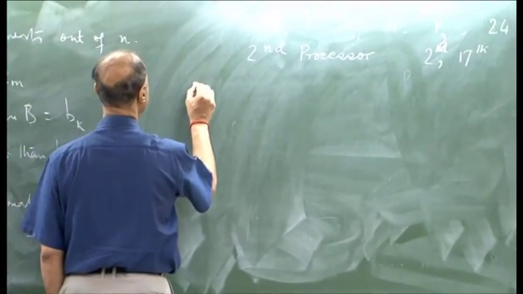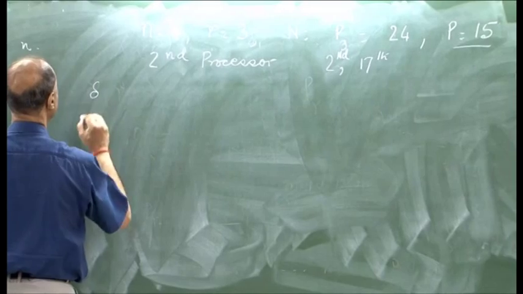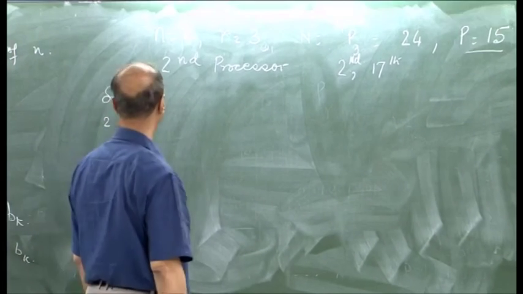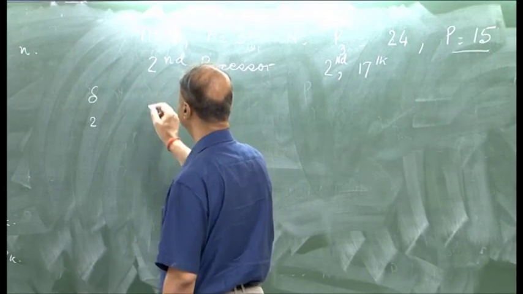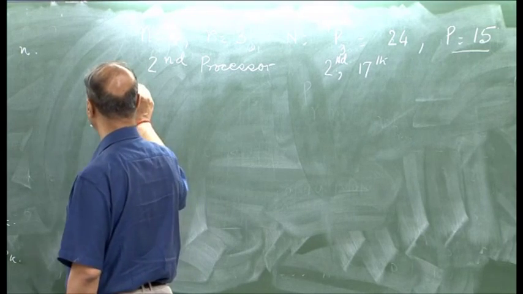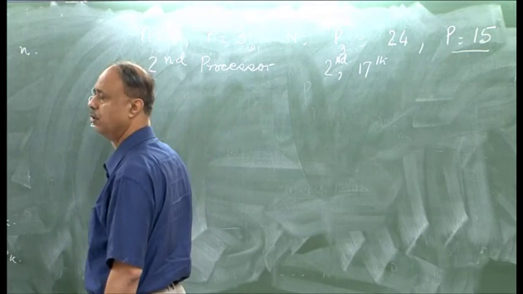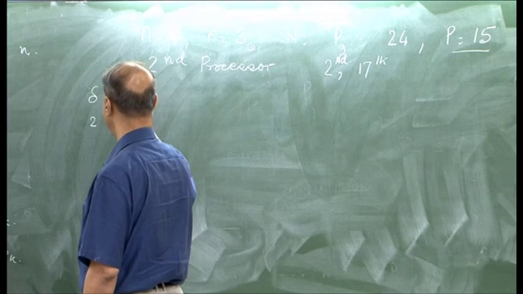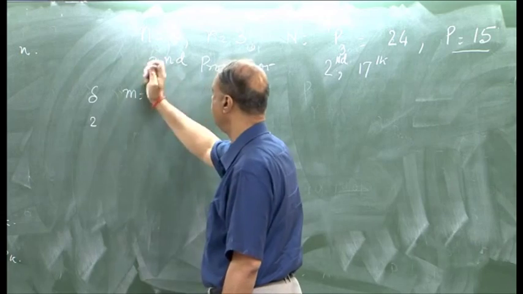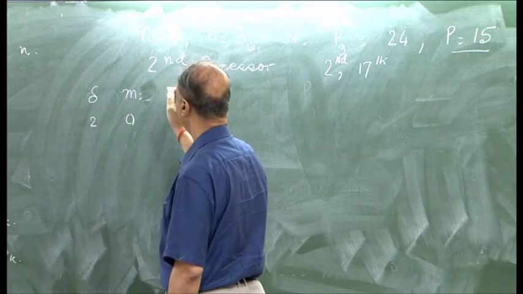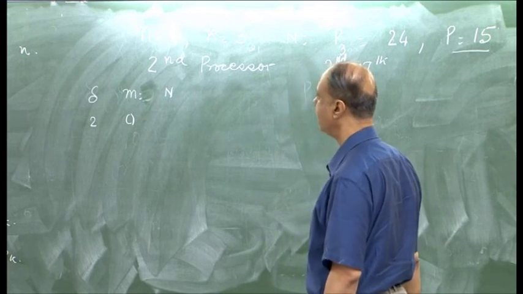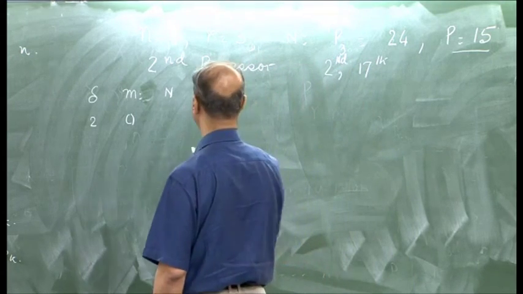So your delta value is initially 2. Then what are the parameters you need? What is your initial n? Initial is 24. So 24, and your m is 0. What is your n value? N value is n minus 4, which is 6.